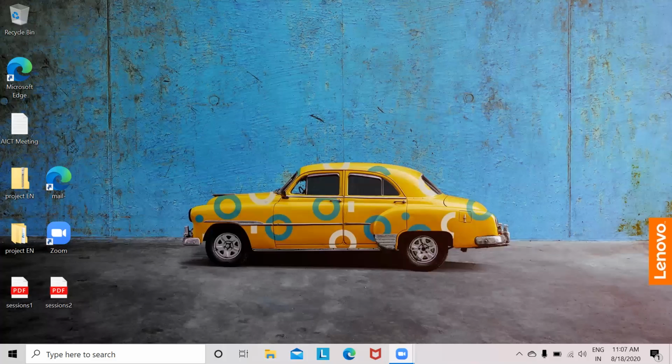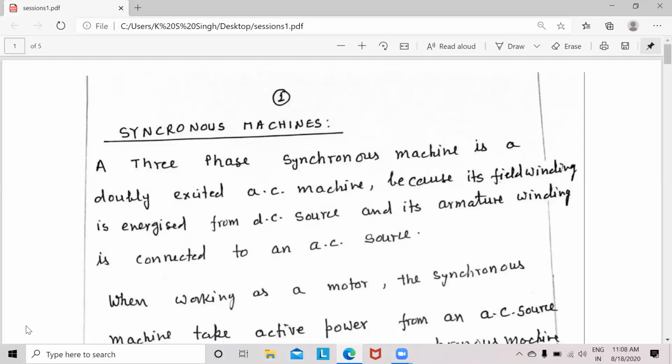Now we'll start with the first, that is the polyphase synchronous machine.